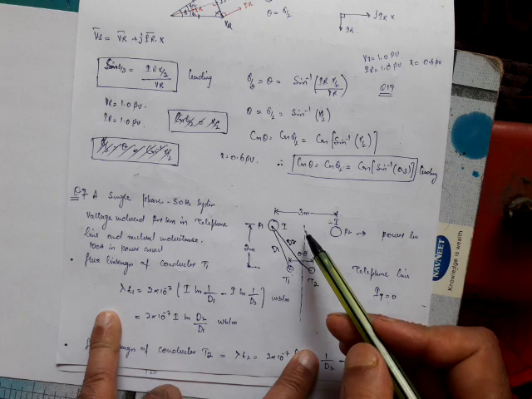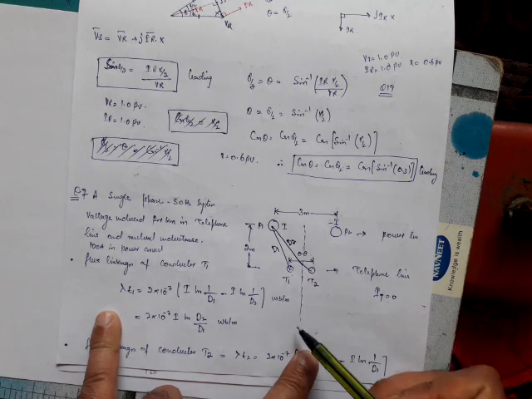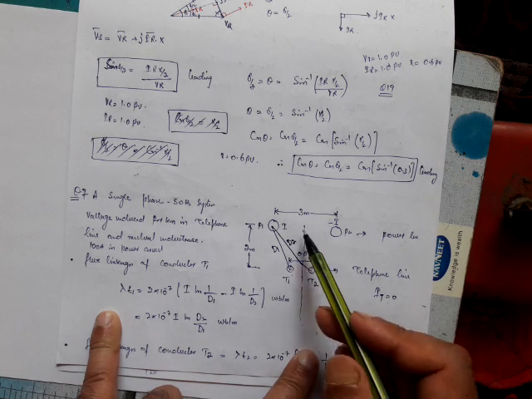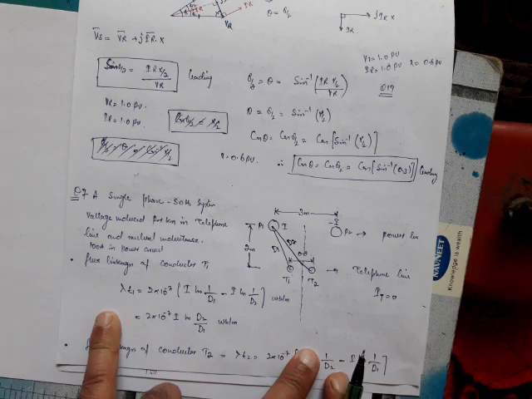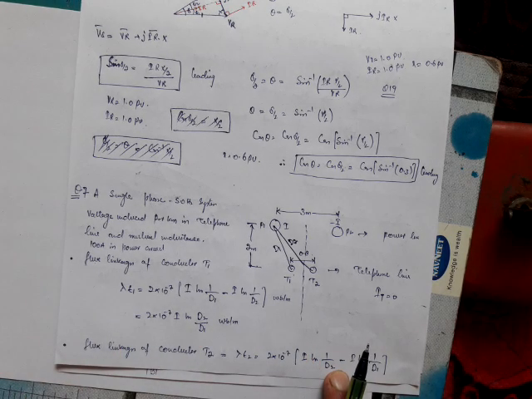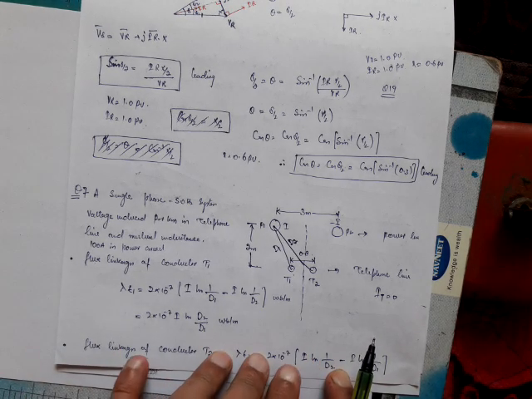That means this line is actually a vertical line which shows the symmetry of these two. Actually this is the pole on which they are tied.